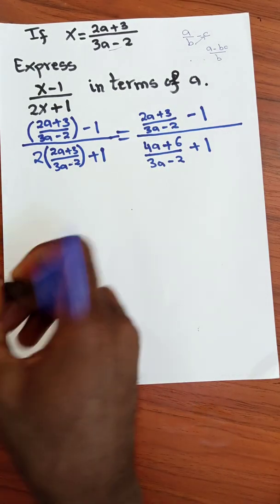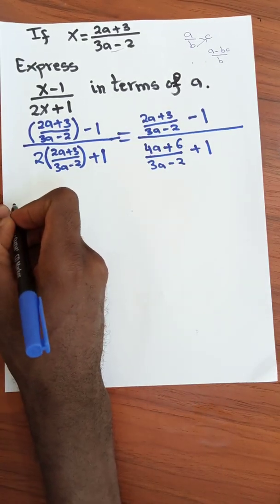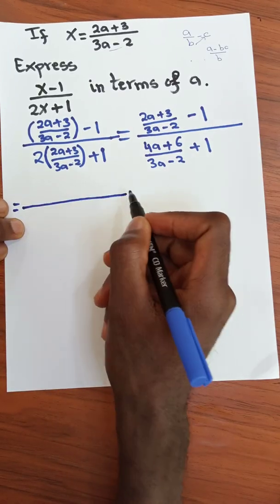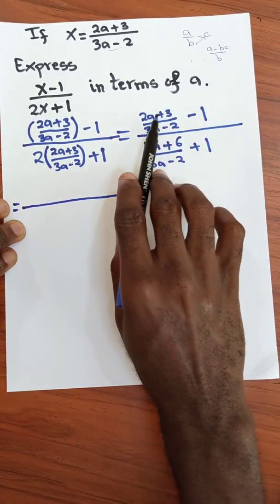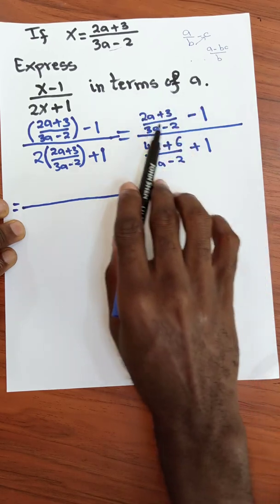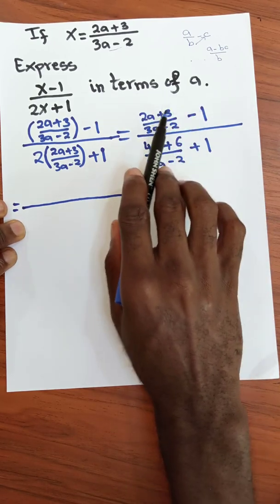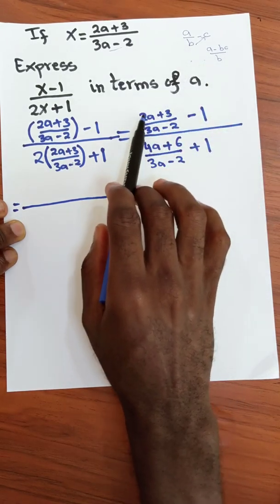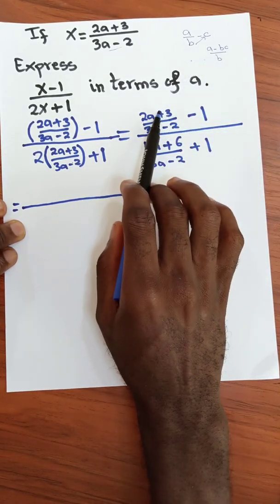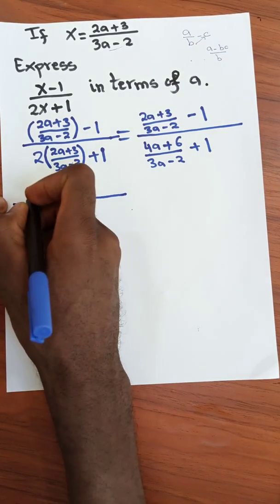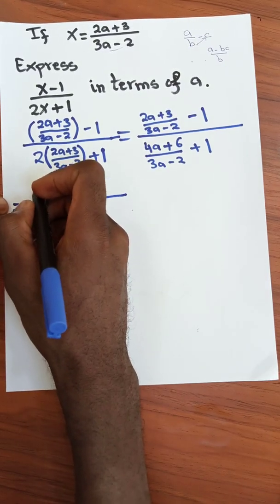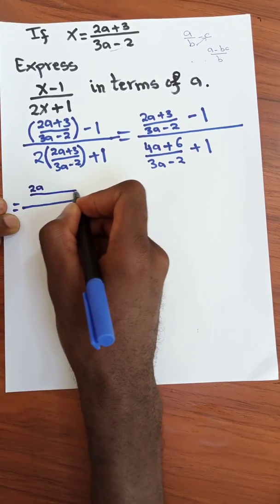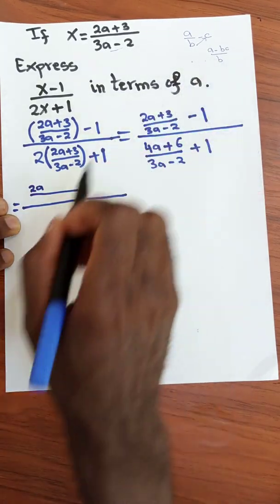So we say that is equal to, okay, we want to tackle the numerator first. The numerator, so a, which is the first one here, the one that is the numerator, is 2a plus 3, remember there's going to be a fraction like the b.